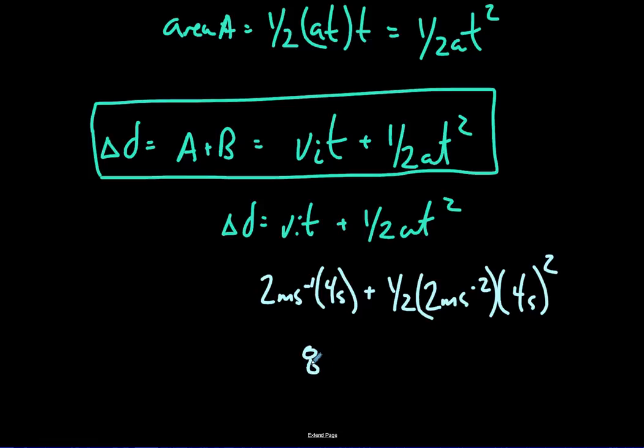So we've got that 8 meters, that's the rectangle area, plus 16 times 2, 32, but half of that is 16 meters, and there we go, 24 meters. Perfect, so it works. So this is a new formula. You'll find this on your formula sheet. You can add this to the other ones that we already have. So we've developed a new formula and hopefully proved to you that it's legit.